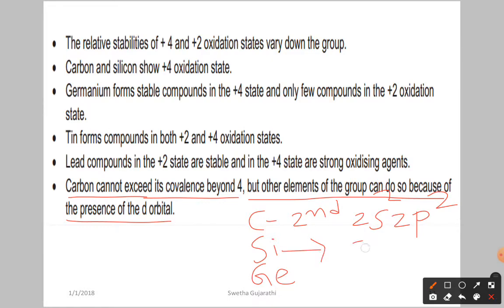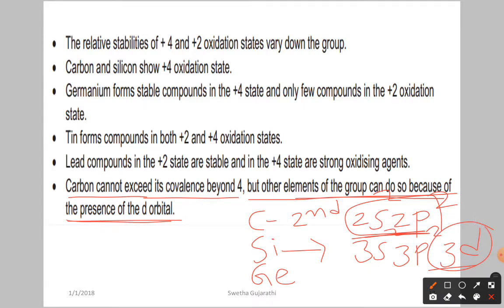But in silicon we have 3s2, 3p2, and once the third shell has entered we have 3d orbitals. So carbon's valency is only 4, but the remaining elements can expand their valency because of d orbitals. We already discussed this property in the introduction of the p-block elements: the first element in the group differs from the other elements of the group.